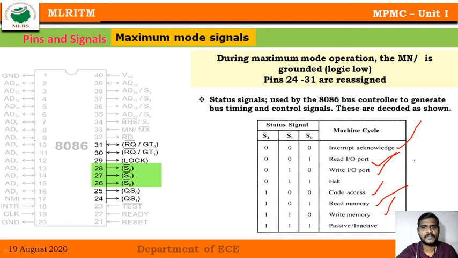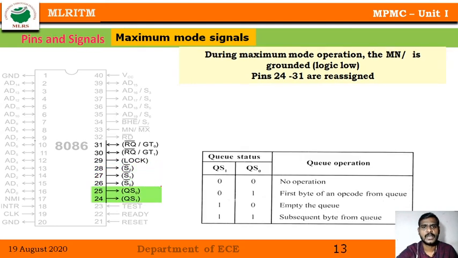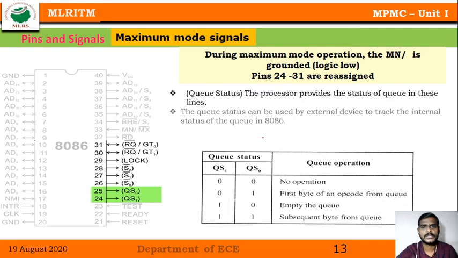So these are the different status signals which can be known by checking these three pins in the maximum mode configuration. Similarly, whether the data being transmitted is a half byte or a full byte can be known using the queue status signals. The processor provides the status of the queue through those lines.